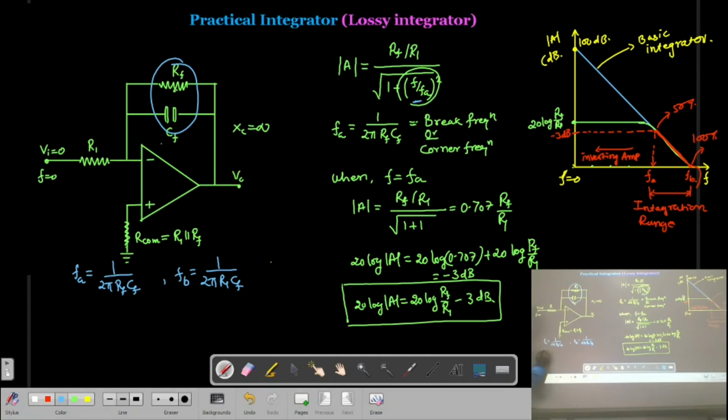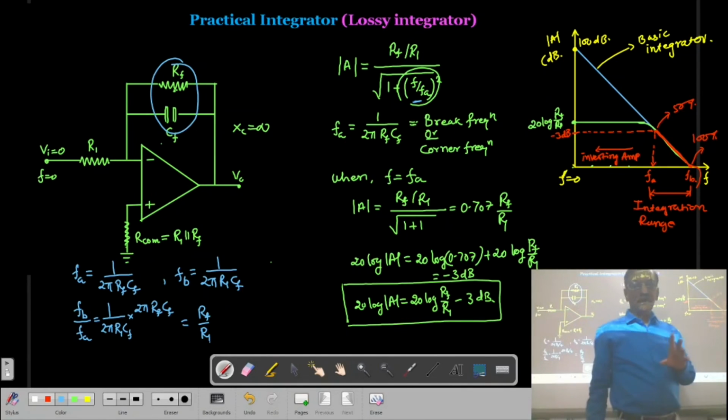So if I take this ratio, FB by FA, that is 1 upon 2 pi R1 CF into 2 pi RF CF, and this comes out to be RF by R1. So FB by FA is equal to RF by R1, and that is the gain of your amplifier circuit.